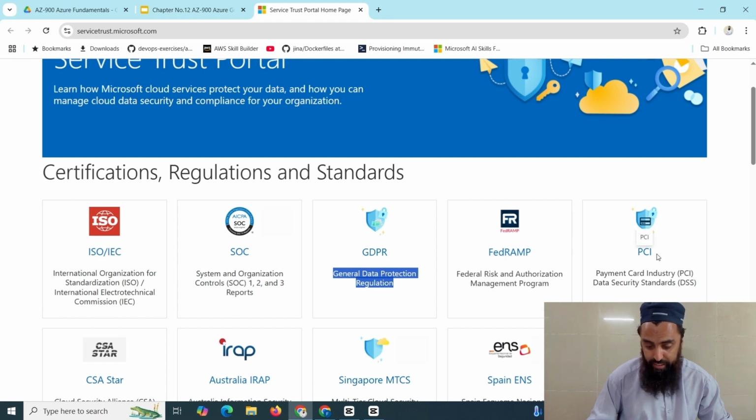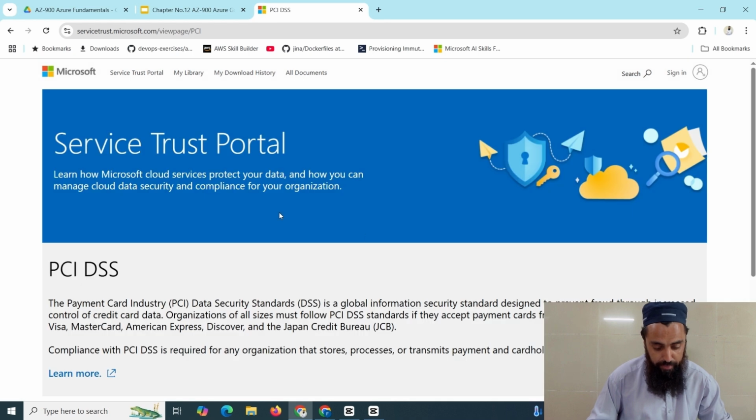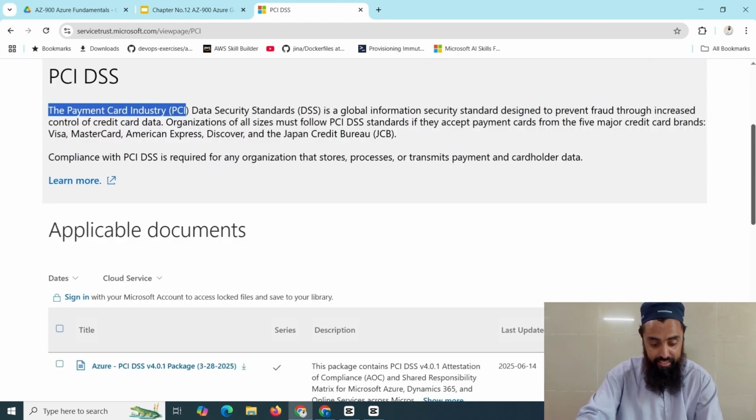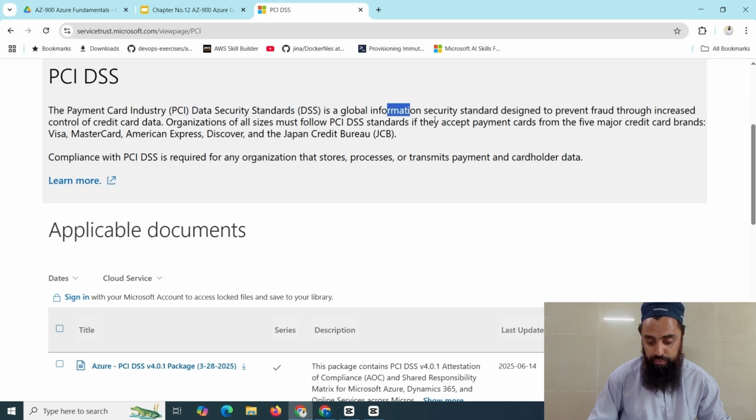For instance, if I click on PCI compliance, so PCI is the Payment Card Industry. Now it is one of the most frequently used regulations, or I can say a standard, which is used by fintechs, like the banking industry. So the Payment Card Industry Data Security Standard is a global information security standard designed to prevent fraud through increased control of credit card data.